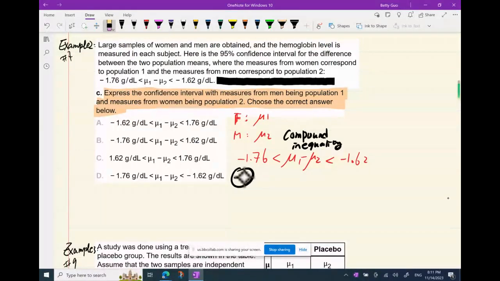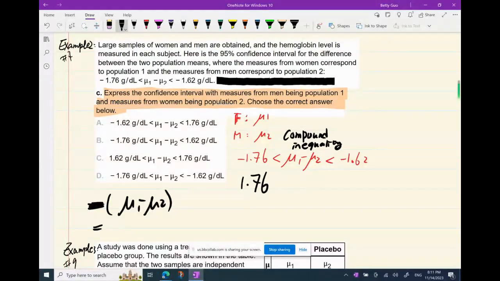So we are going to multiply the left side by -1, so I have a positive 1.76, and then multiply the middle by -1. If I multiply mu1 minus mu2 by -1, I would have mu2 minus mu1. Actually mu1 minus mu2 and mu2 minus mu1 are opposites.